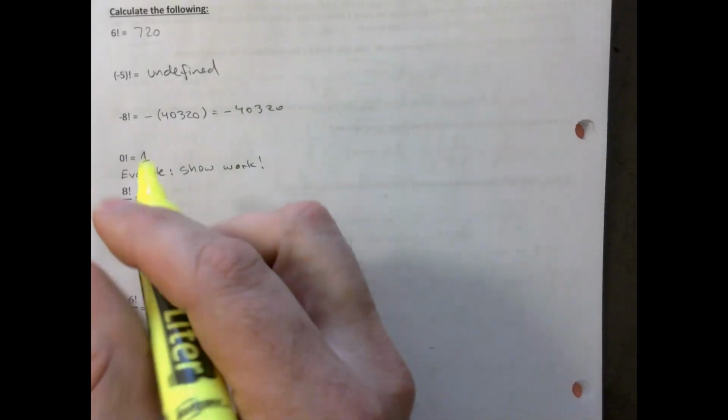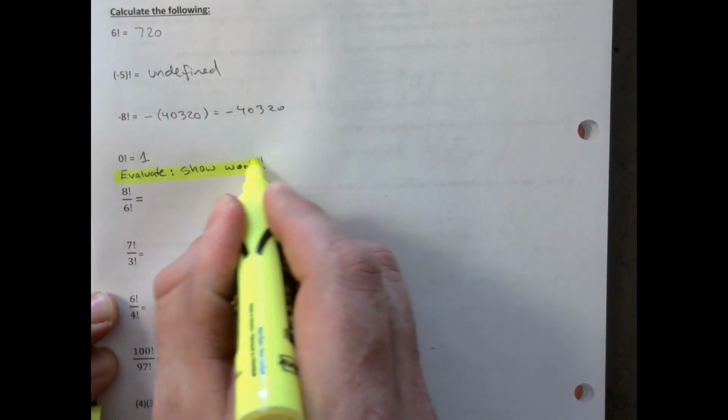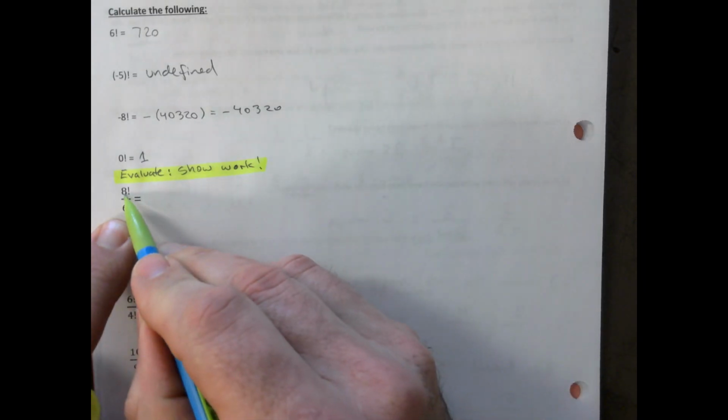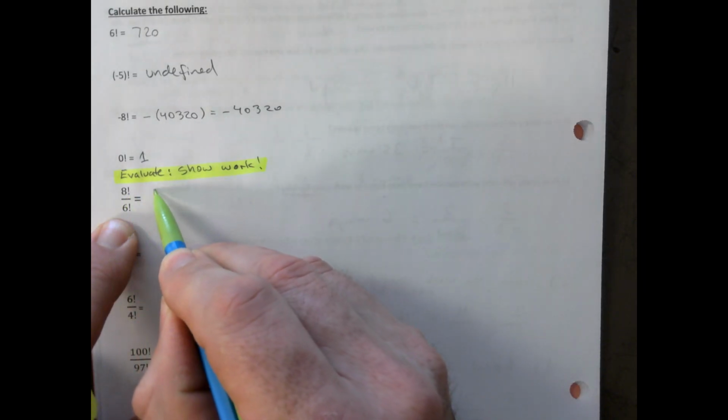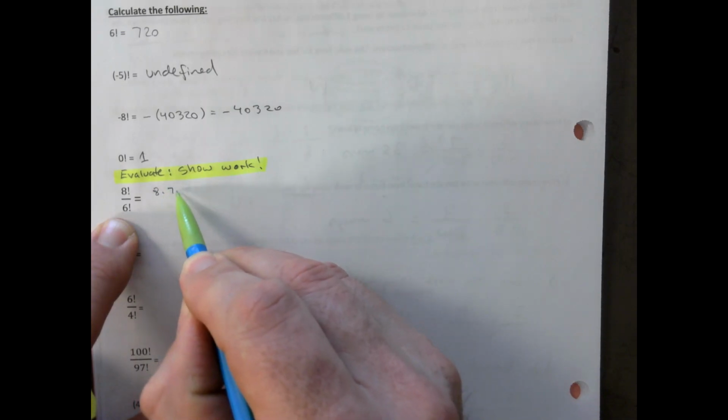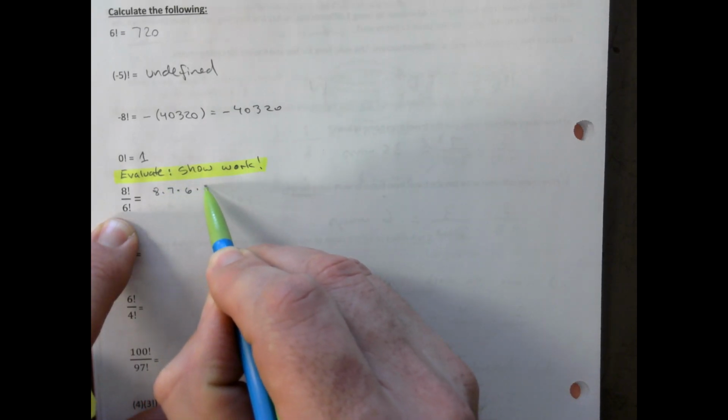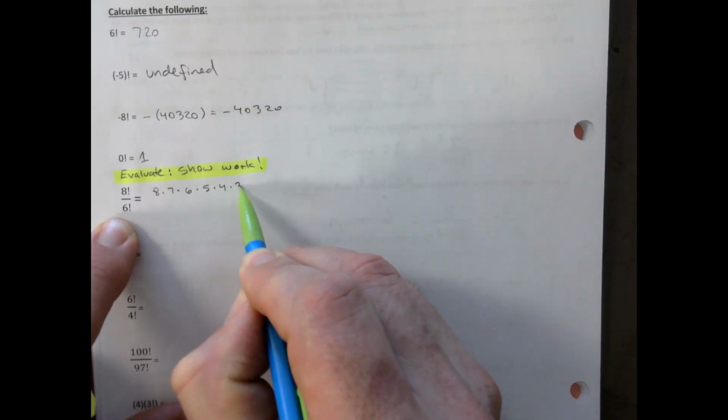And if you see evaluate, all you need to do is spread out the number. So for example, 8 factorial at the top would go 8 times 7 times 6 times 5 times 4 times 3 times 2 times 1.